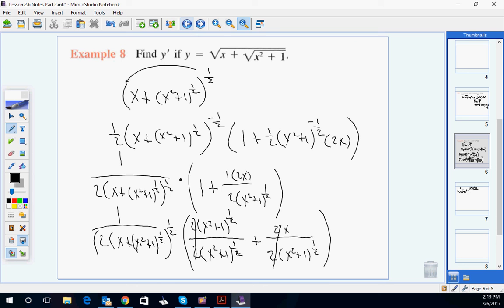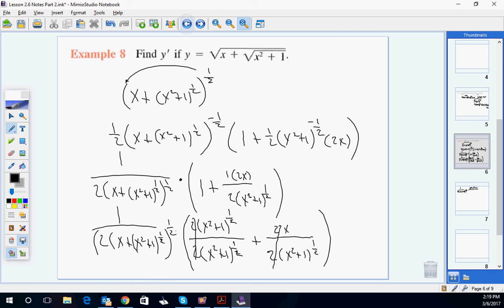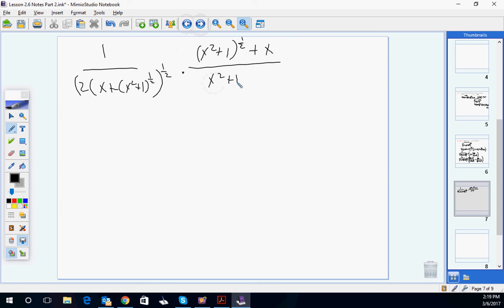Okay. Remember, we can't cancel that there because that goes backwards. We put those together. So if you're saying, oh, we can just cancel this, well, if you do that, then you're back to the 1 being separate, which we don't want to do. Okay, so we only leave it like this. And we multiply that, so that gets that to the top. So x squared plus 1 to the 1/2 plus x.